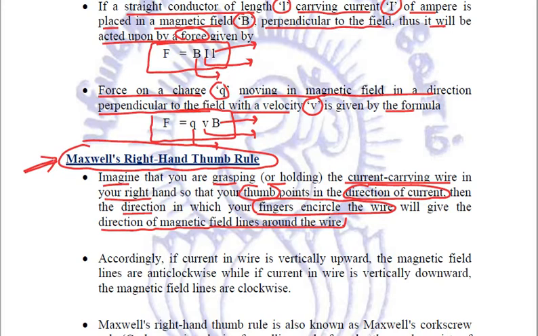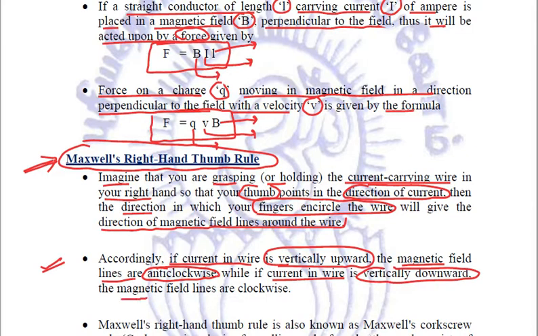So applying this rule, very important, we concluded that if current in the wire is vertically upward, then the magnetic field lines are anti-clockwise, while if the current in the wire is vertically downward, the magnetic field lines are clockwise. Clear?